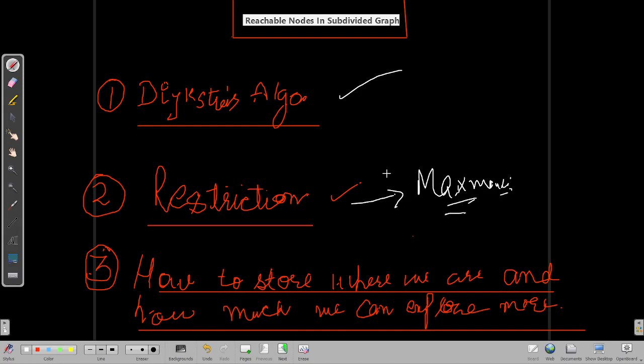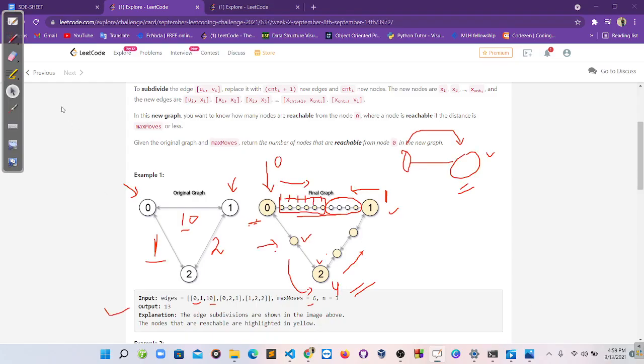So here is a thing which is the maximum moves. We have to understand how we have to deal with it. And the next thing is how to store where we are and how much more we can explore. What is that thing? Understand it.